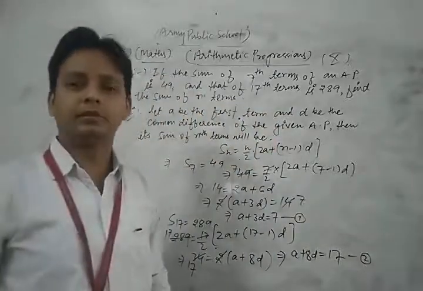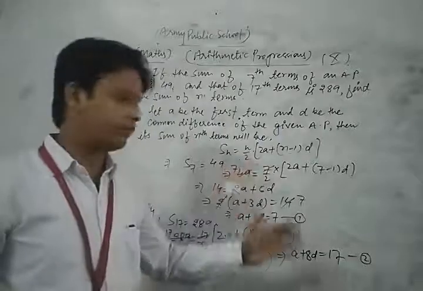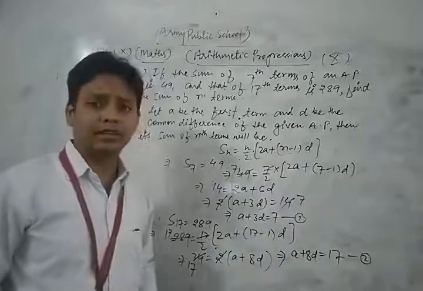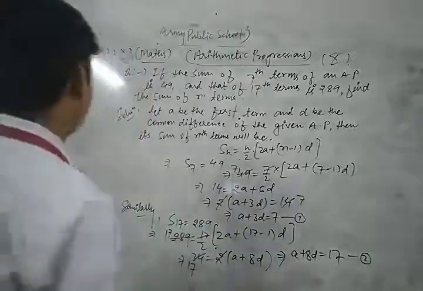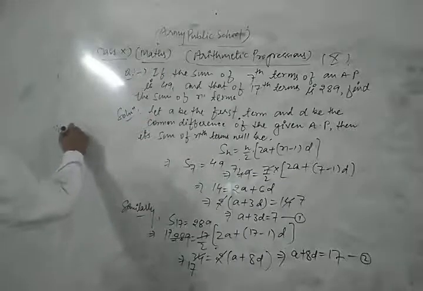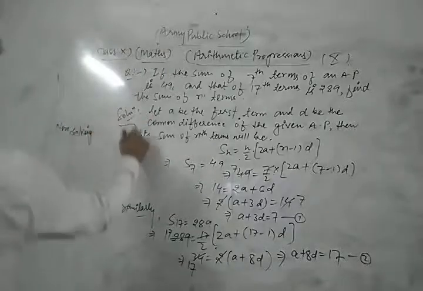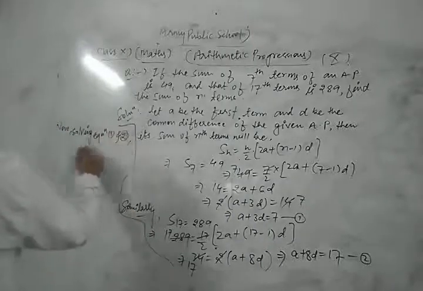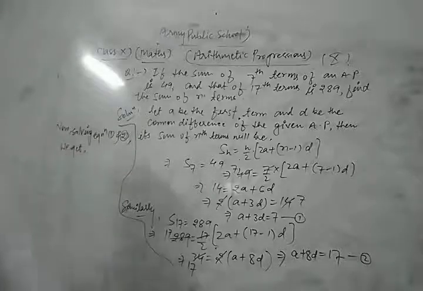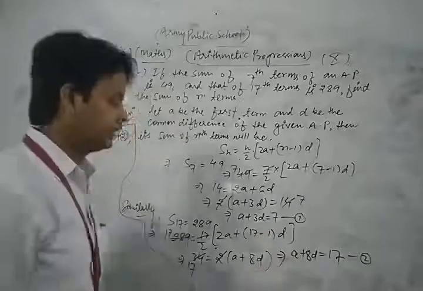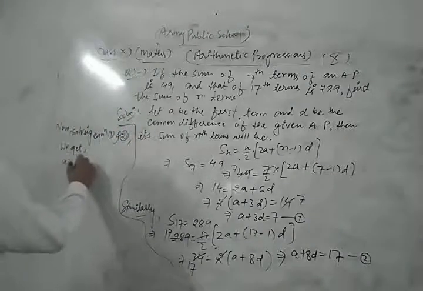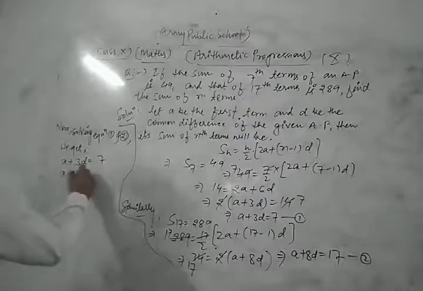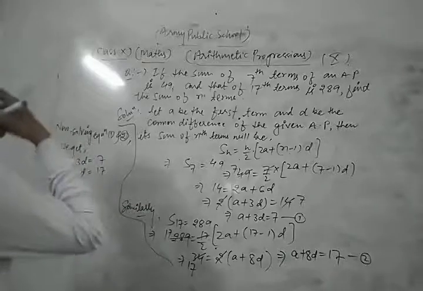So in this way, when we apply these conditions, we form two equations: a plus 3d is equal to 7 and a plus 8d is equal to 17.